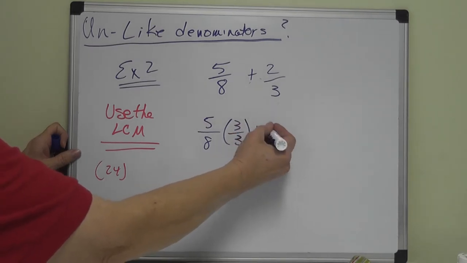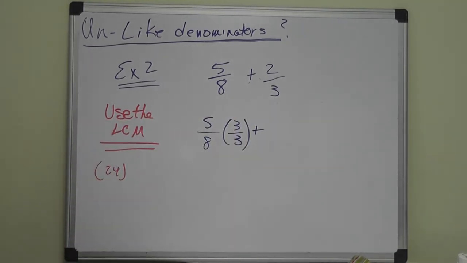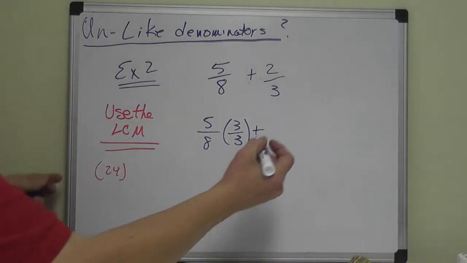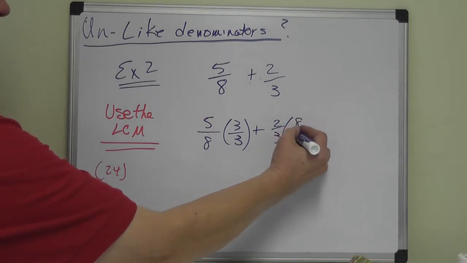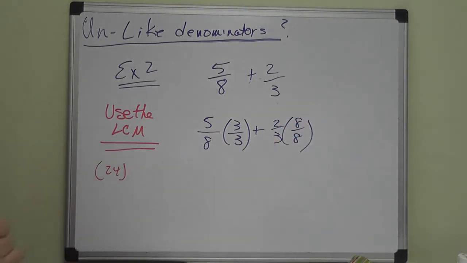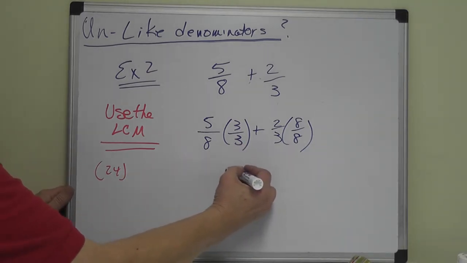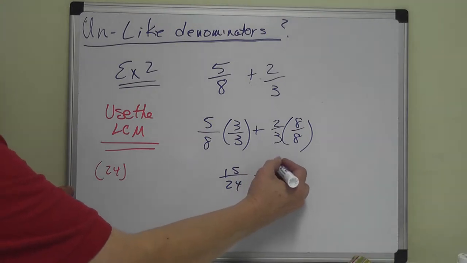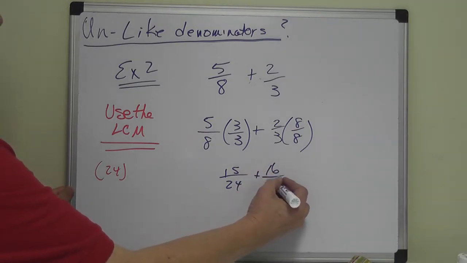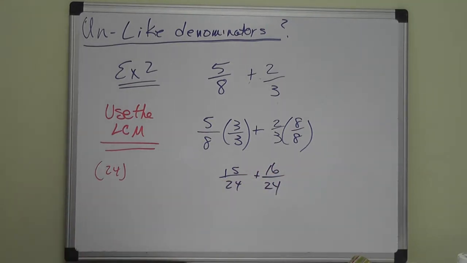Because when you multiply by 1, you don't change its value. That's the multiplicative property of identity. 2/3 we're going to multiply by 8/8. So we have 2/3 times 8/8. And when we complete that multiplication, we are able to add our numerators together because we now have common denominators.